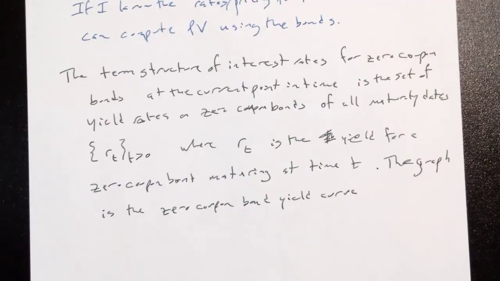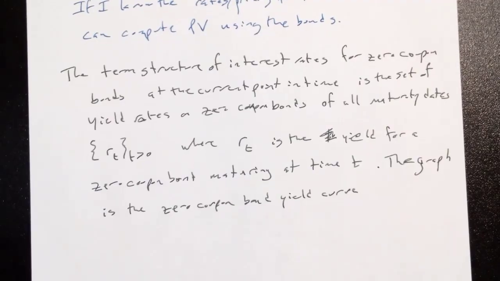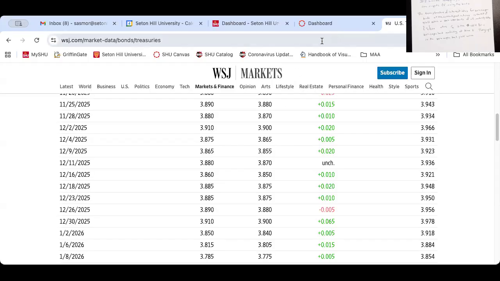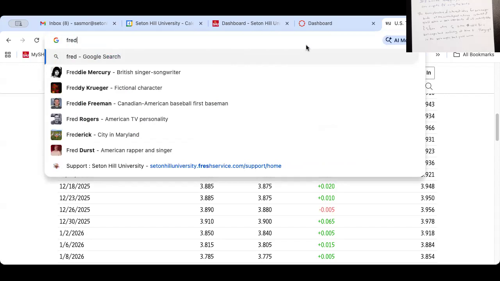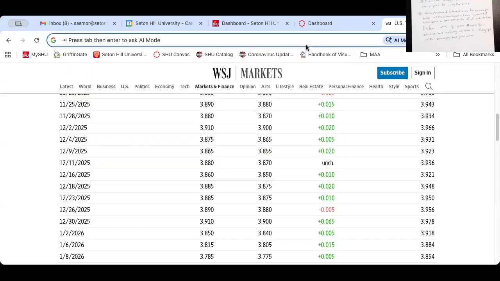Now, it's interesting to me that this zero coupon bond yield curve happens to be available to us.